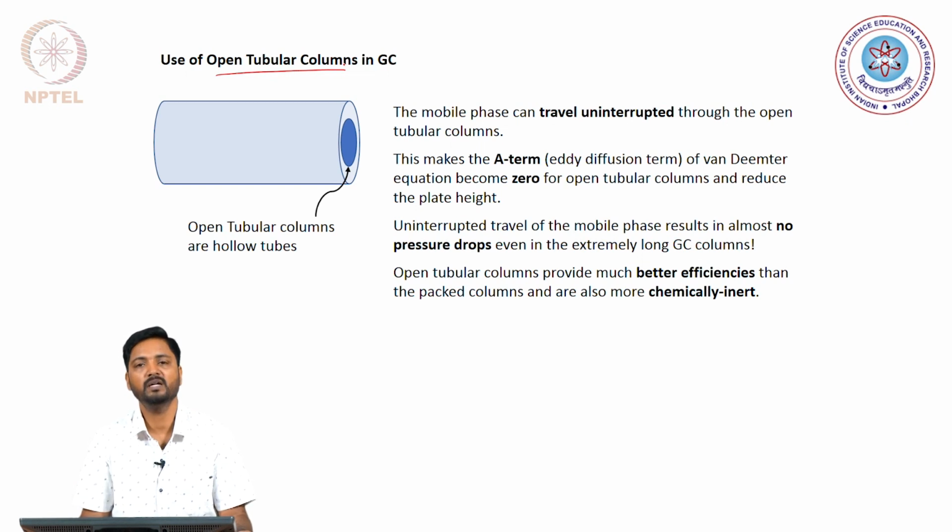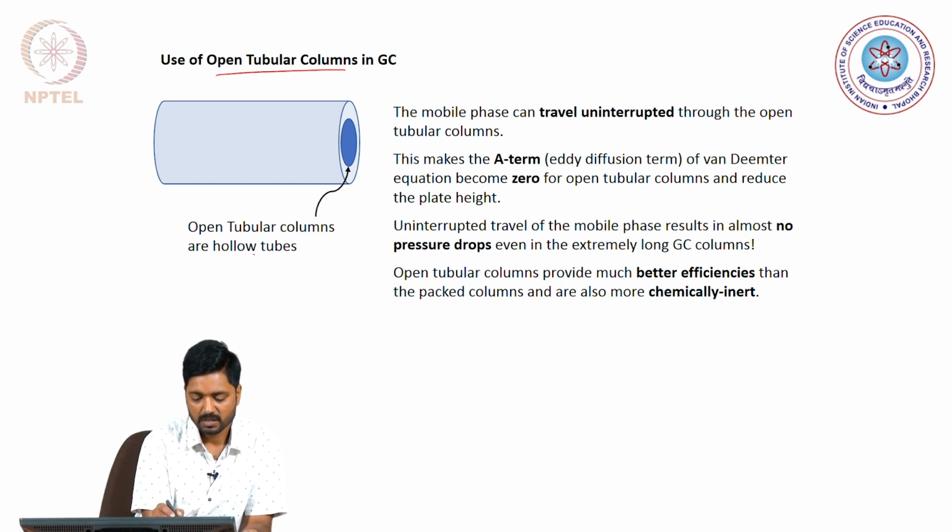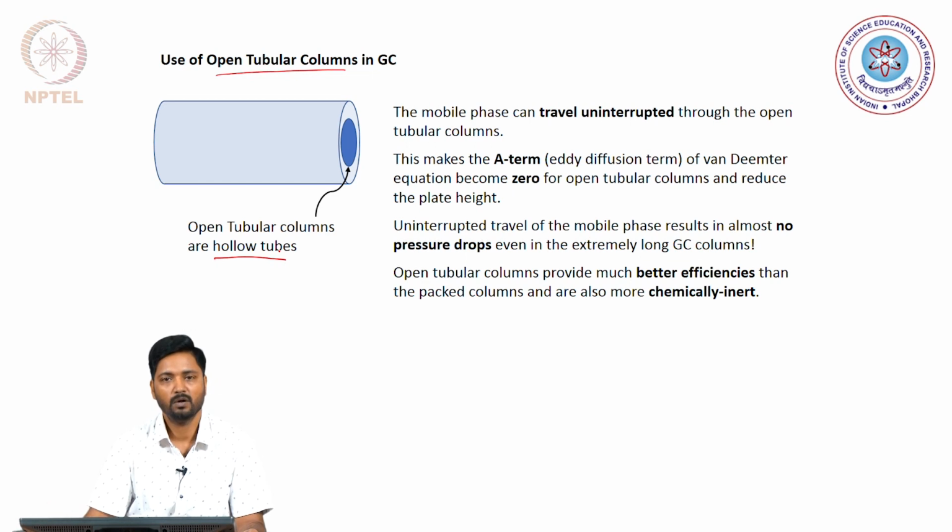Now, let us talk about an important aspect, which is the use of open tubular columns in gas chromatography. Now, this again is in a clear contrast with the liquid chromatography systems, in that in liquid chromatography systems we have a solid stationary phase or a gel type stationary phase in case of gel filtration chromatography or size exclusion chromatography, and the stationary phase is very tightly packed into the column, while in gas chromatography we have columns that are often hollow tubes.